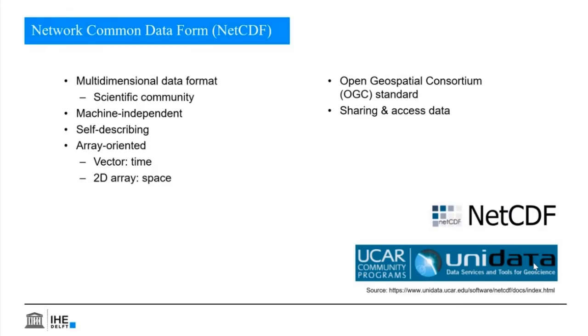In a NetCDF file, the values will be array oriented. So in the time dimension, it will be a vector of time index, and in the space dimension it will be an array, which is like a map.